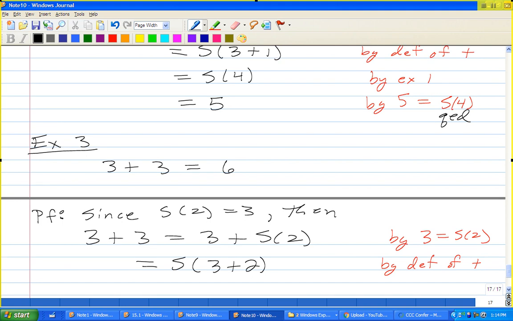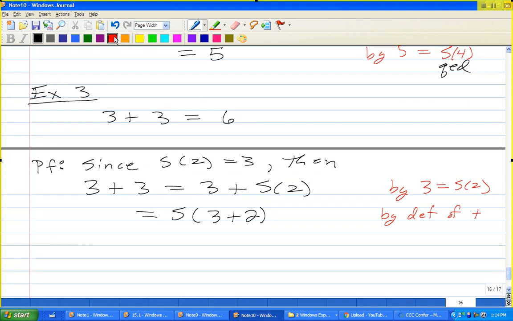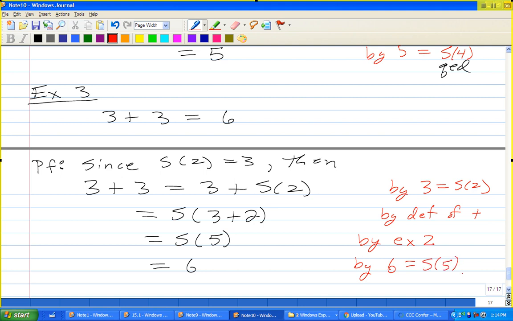But by example 2, I know that 3 plus 2 is 5. And well, the successor of 5 is 6. Again, by our notation, 6 is the successor of 5. And so I'm done.